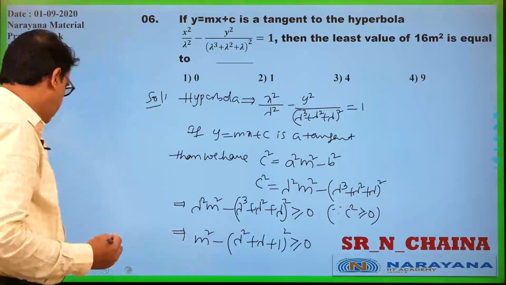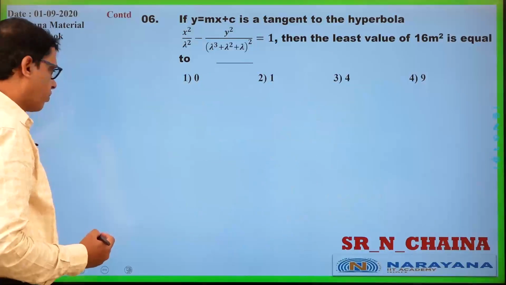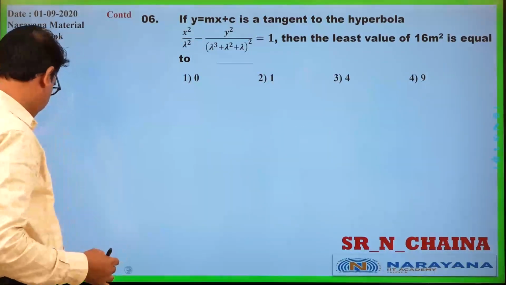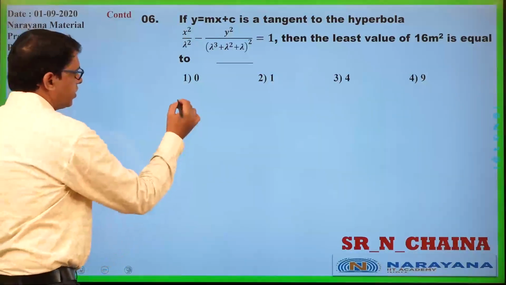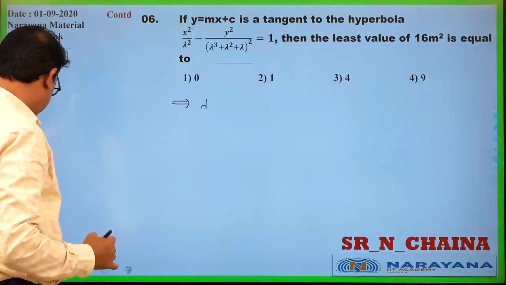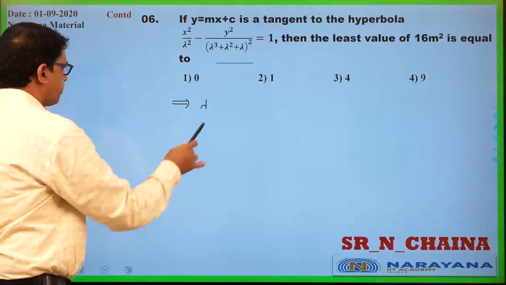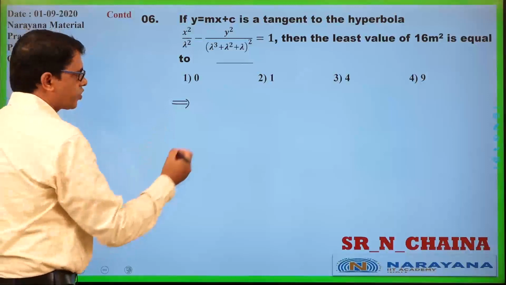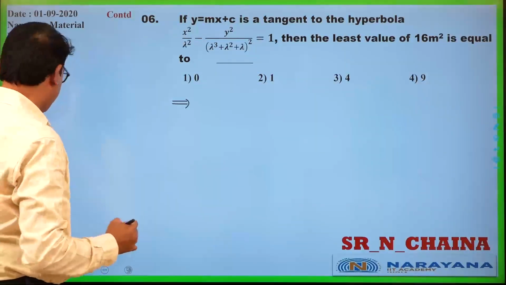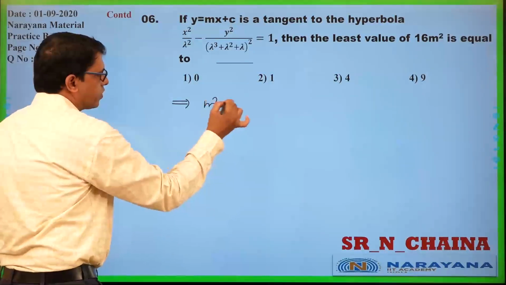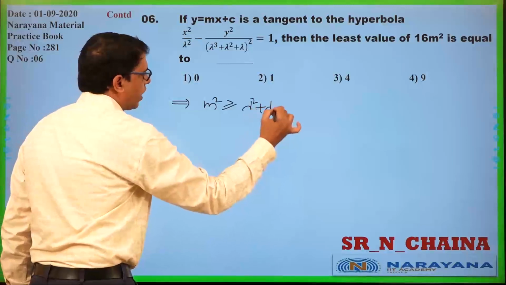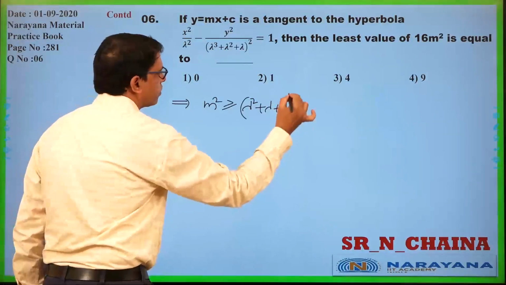Okay. So from this one what we get? That implies m square is greater than or equal to lambda square plus lambda plus 1 whole square.